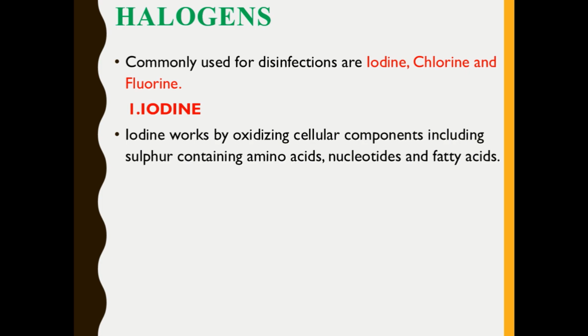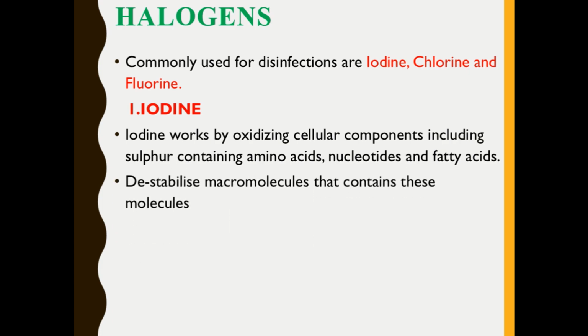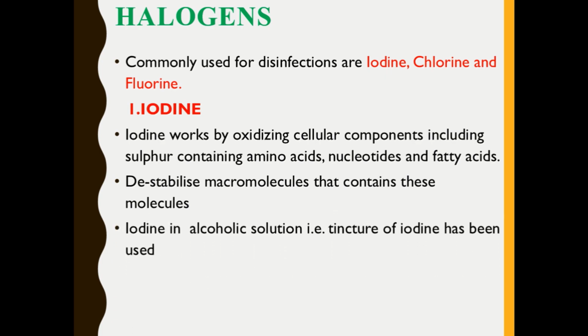Iodine works mainly by oxidizing the cellular components including the sulfur containing amino acids, nucleotides and fatty acids, and these destabilize the macromolecules that contain these molecules and help in killing the microorganism.